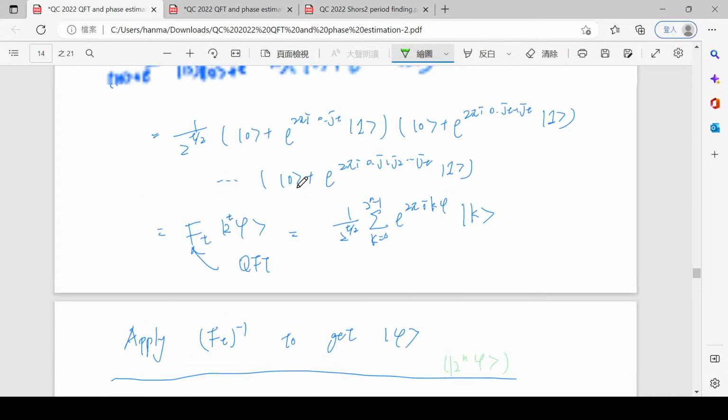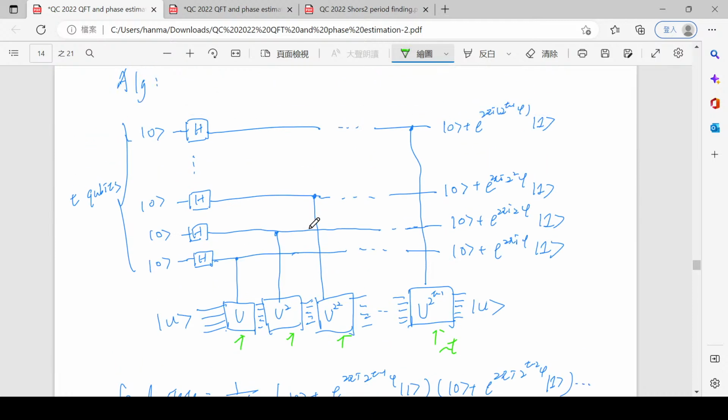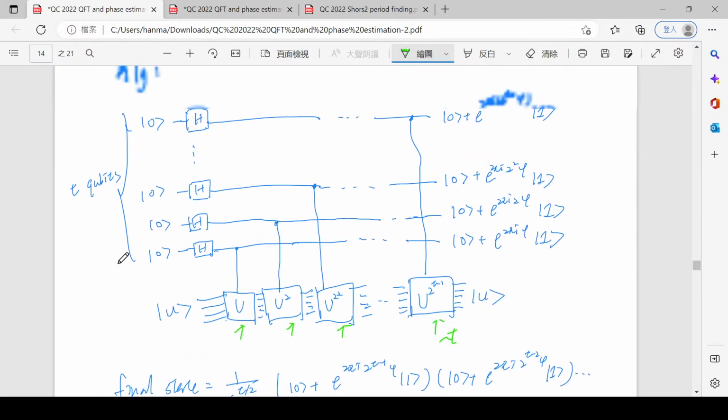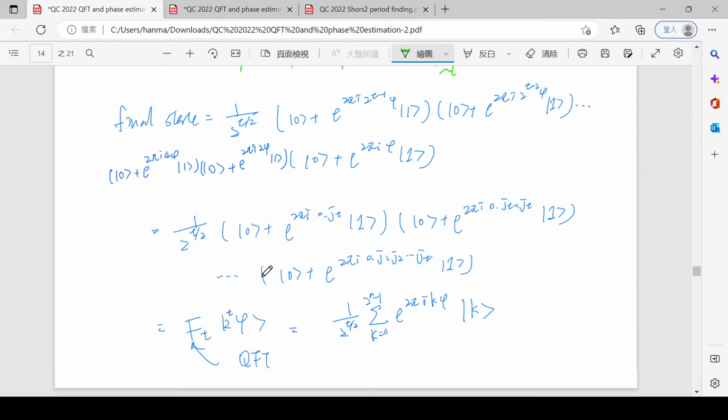We do repeated squaring, and this is kind of only possible because our unitary has a particular structure, right? So it's just something to take care of.